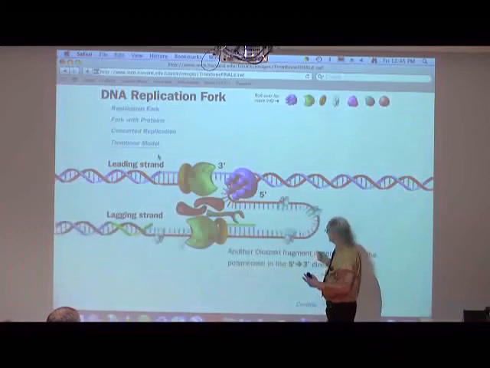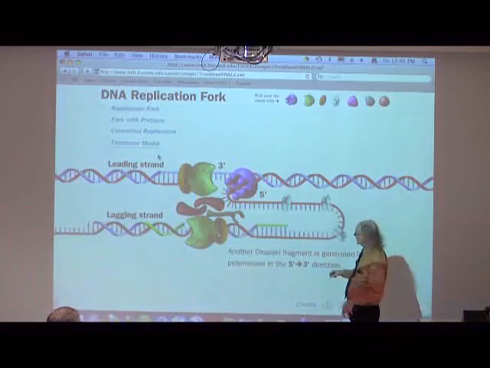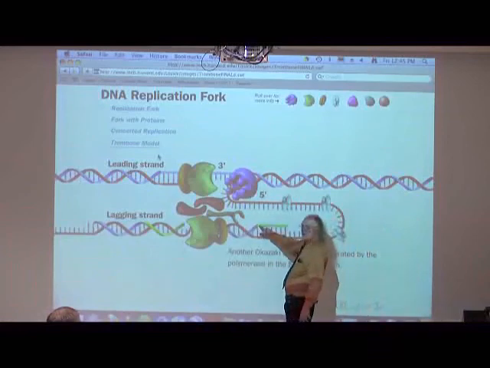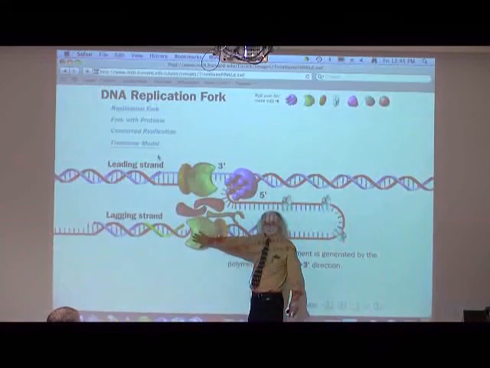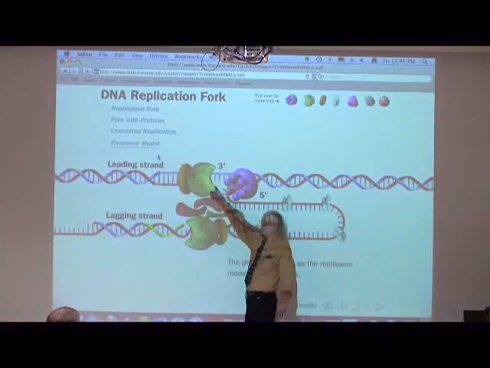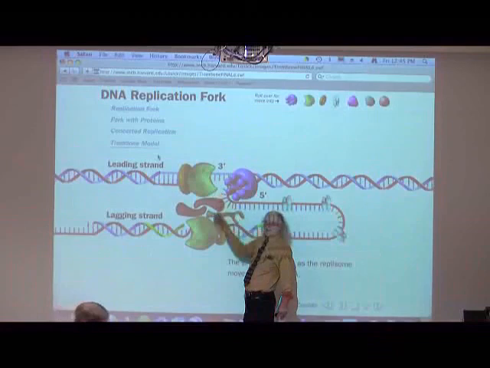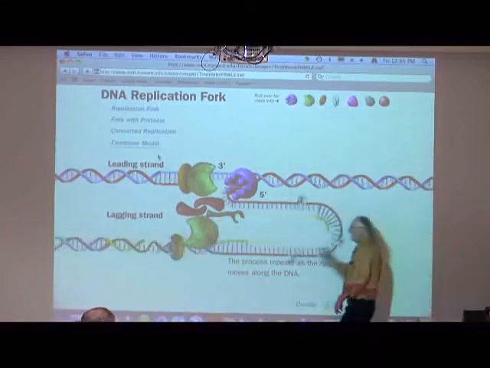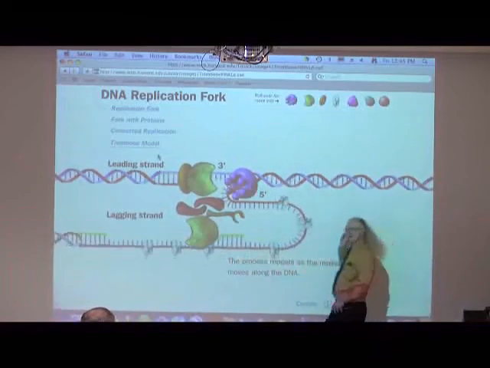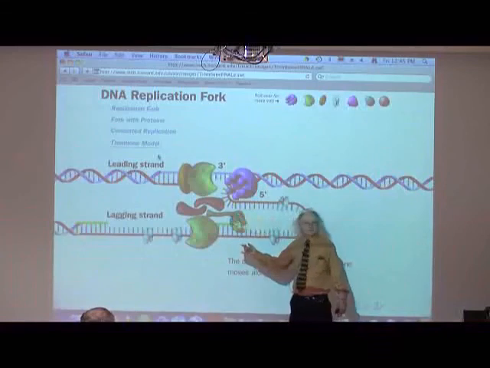There we go. Okay, so we see replication now going on from the primer. Now, this strand is a lot more complicated. We see several things that have to happen. Leading strand replication occurs faster than lagging strand does. So what that means is this thing grows, and then it shrinks, and it grows, and it shrinks, just like a trombone.